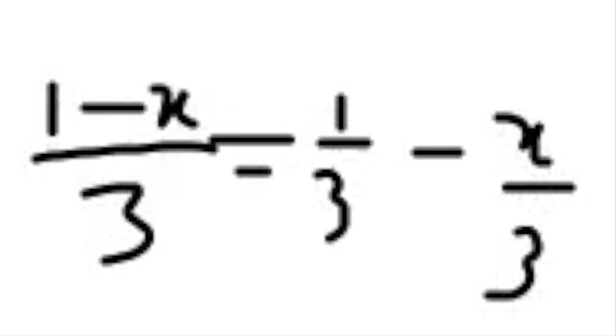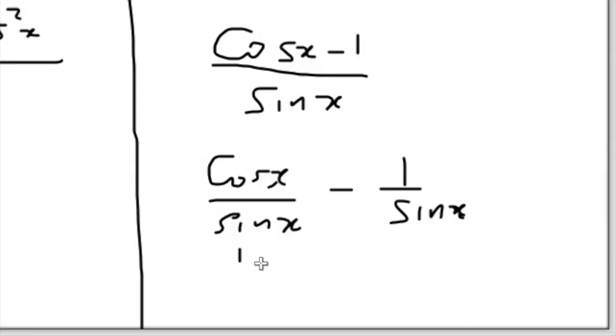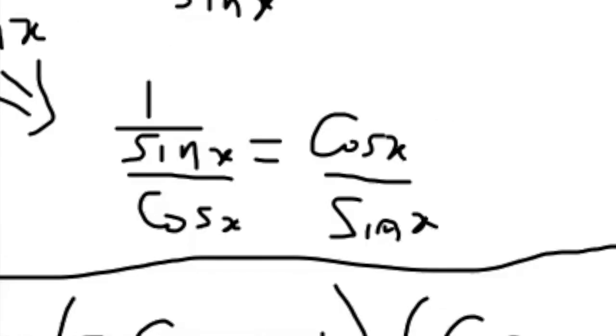So looking back on the trig function that we have here, I have cos x minus 1 over sin x being split to become cos x over sin x. But I'm working in the reverse. Remember I did the 1 over tan x is the same as 1 over sin x over cos x. Working in the reverse, cos x over sin x is the same thing as 1 over sin x over cos x. Remember I've done it above.